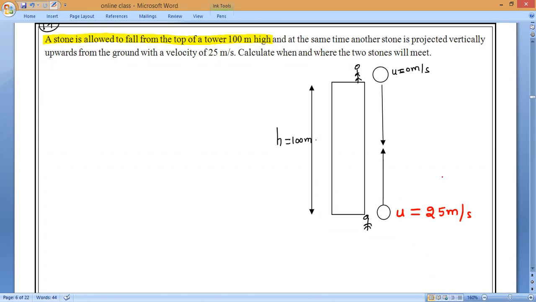And it's going upward, so is the g value positive or negative? For this one, the g value will be negative. And for the other one, the g value will be positive.